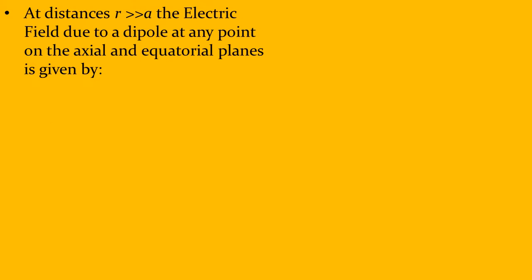So if the point is at a distance r, which is much larger than half the distance of the dipole, then the electric field at any point on the axial plane is 4qa by 4 pi epsilon naught r cube into p hat.